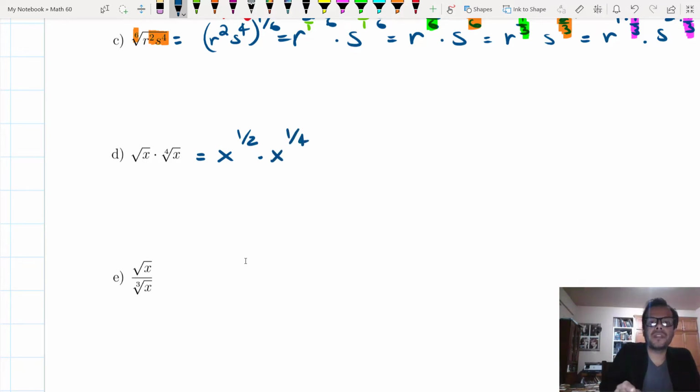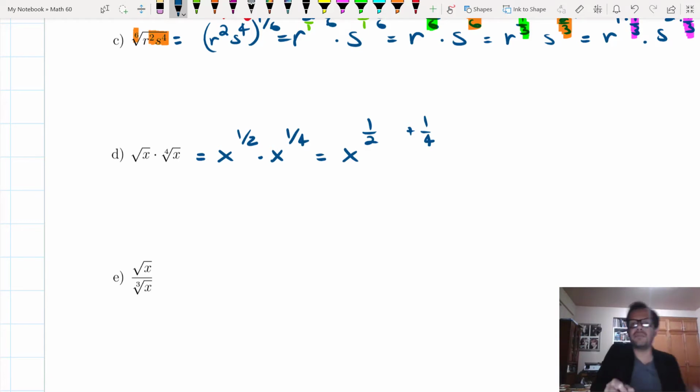Now because we have the same base raised to different powers, and the operation between the two of them is multiplication, all we do is add 1/2 plus 1/4. And notice again the space I'm leaving in between the two fractions. I will need that space to add those missing factors.